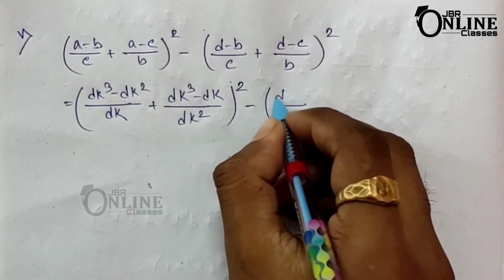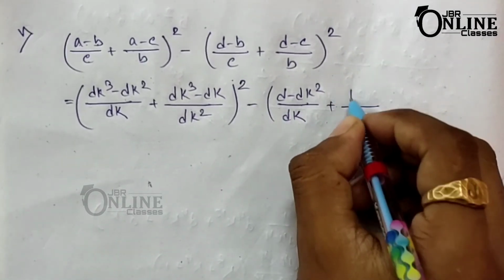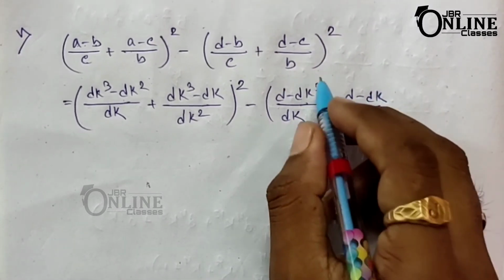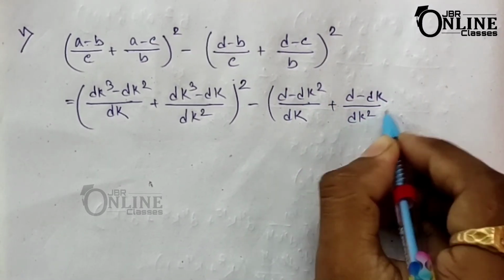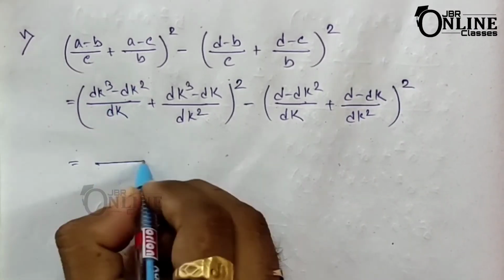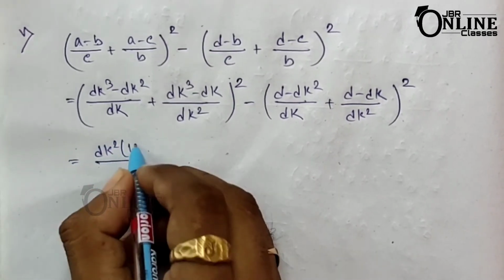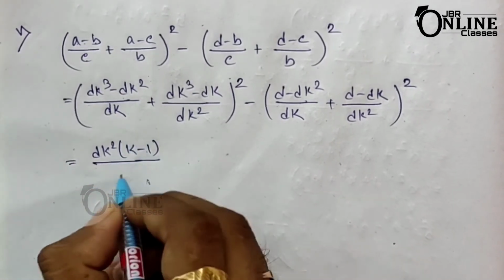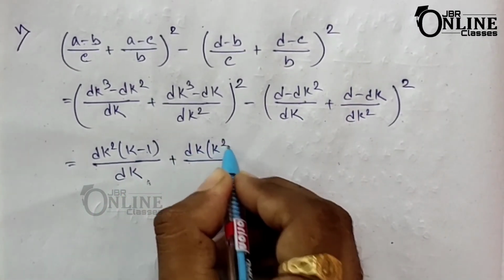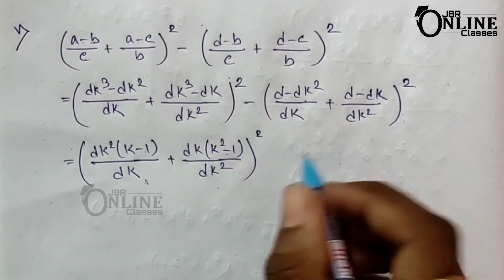Then again, d minus dk square by dk plus d minus, here c means dk, and b means dk square, so whole square. Now if dk square is common, it will be k minus 1 by dk, and here dk will be common, so k square minus 1 by dk square, whole square.